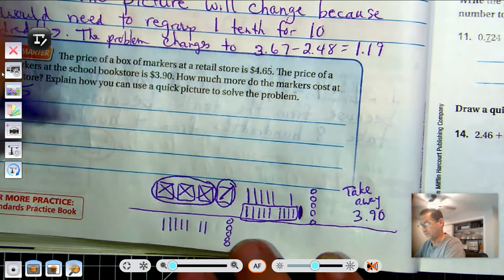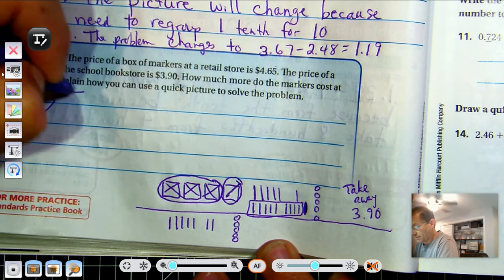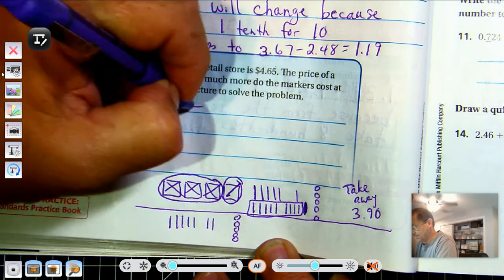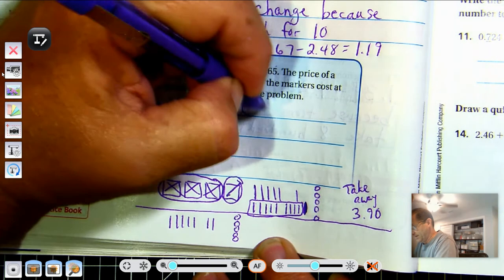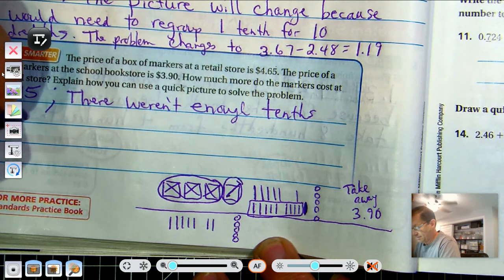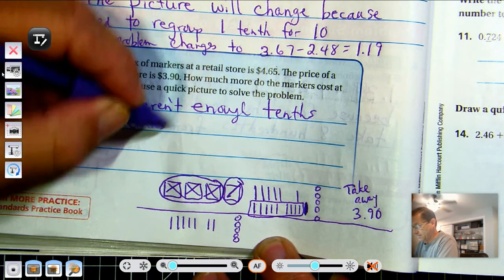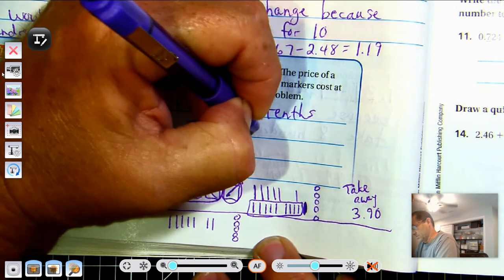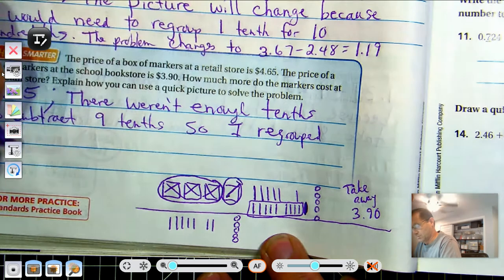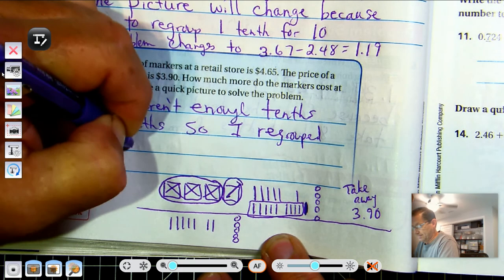How can you use the quick picture? Okay, well, there weren't enough tenths to subtract 9 tenths. So I regrouped 1 one for 10 tenths.